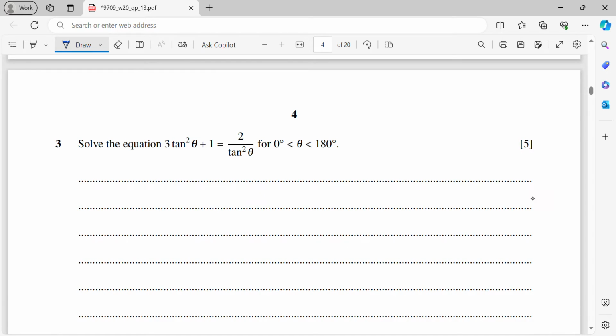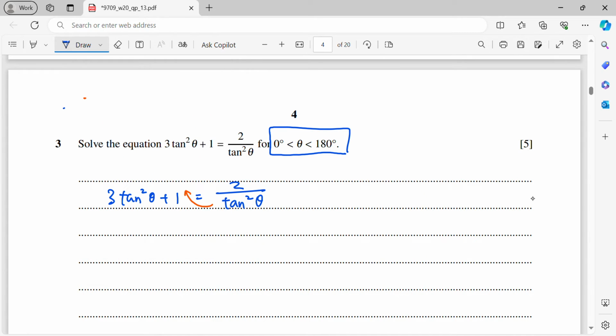Now question number 3, solve the equation for theta between 0 and 180 degrees. 3 tan squared theta plus 1 equals 2 over tan squared theta. The easiest way to solve this question is to multiply the whole equation by tan squared theta.